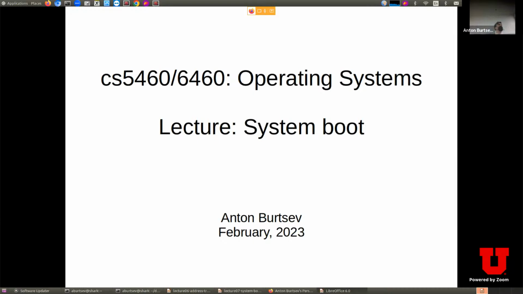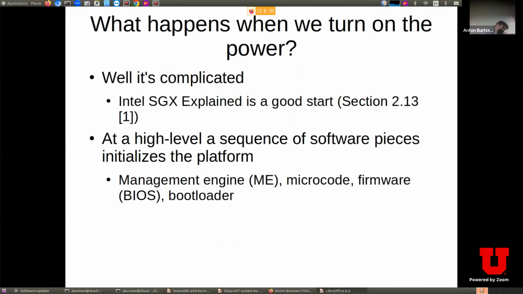Although I'm glad that you know those things like boot sector and BIOS, right? The boot sequence is a little bit complicated, and only people who do security research know it today. I know it a little bit, so my understanding is more of a curiosity, but I will still share it with you so you understand that it's a harder problem than just jumping to the boot sector, right?